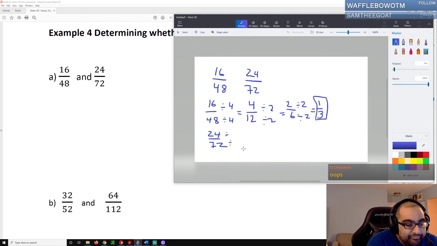All right. How about 24 and 72? What can we divide the numerator and denominator by? What can we reduce by there? 24 and 72 we can divide by lots of numbers, I know, but go with 4.